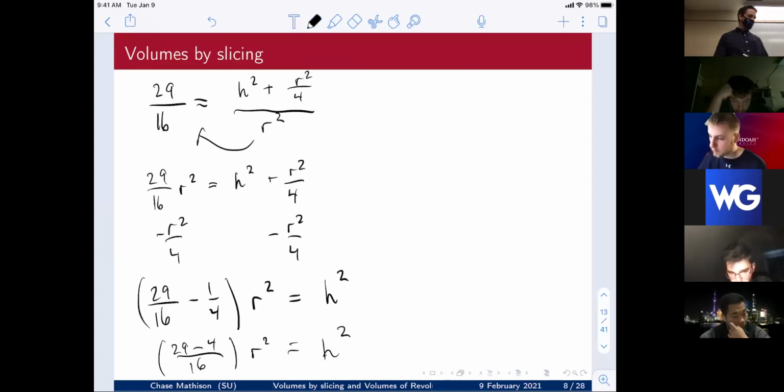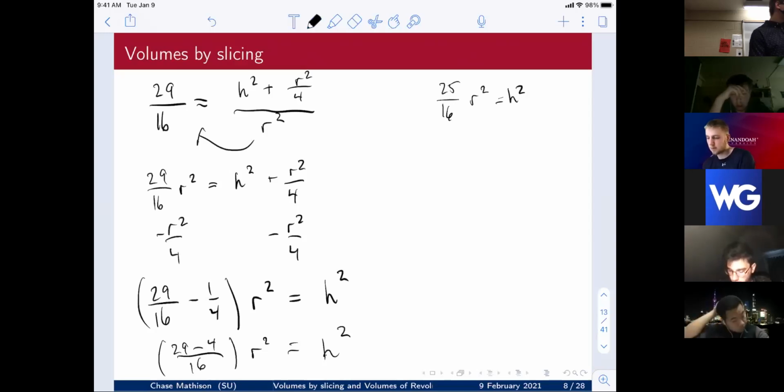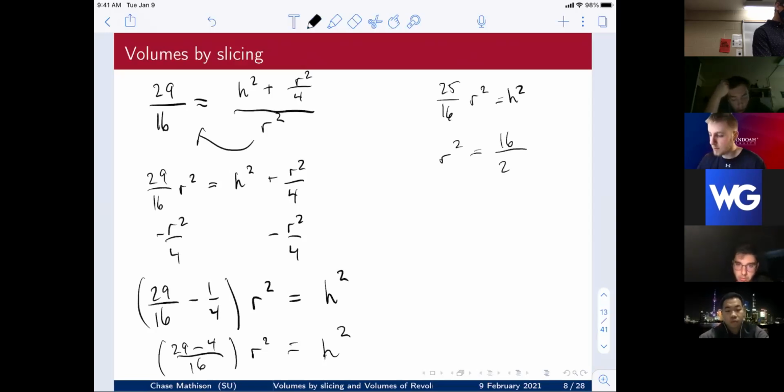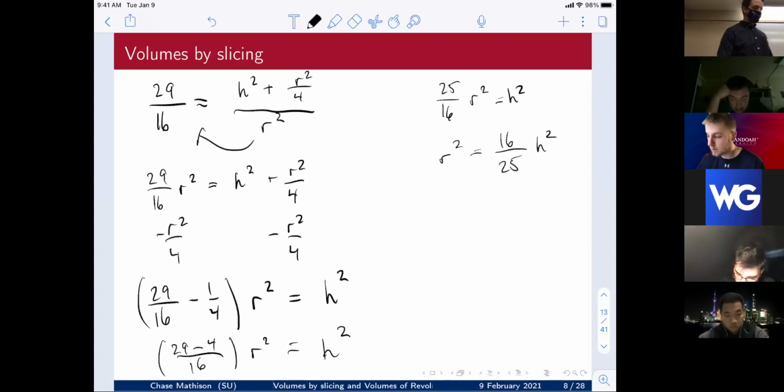And so that gives me 25 over 16 r squared is equal to h squared. So that r squared is 16 over 25 h squared. Or in other words, again, this is really what we need, but in other words, r is, taking a square root of both sides, 4 over 5 h.